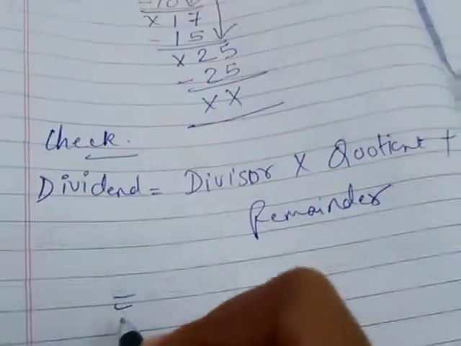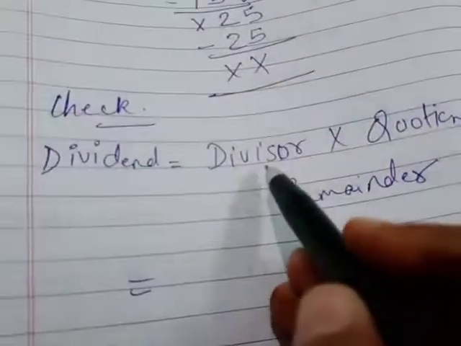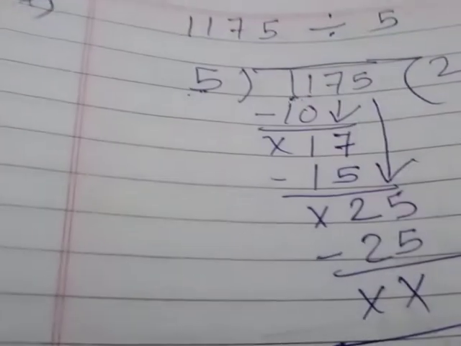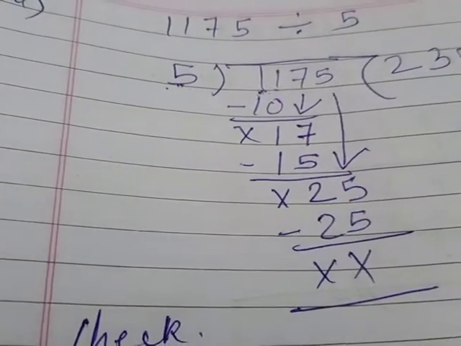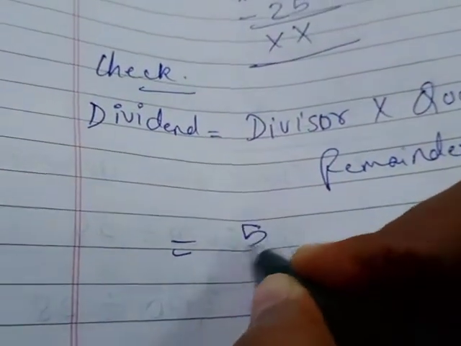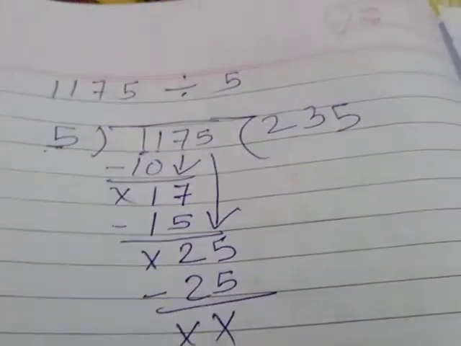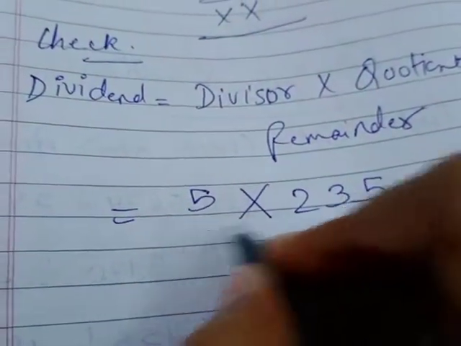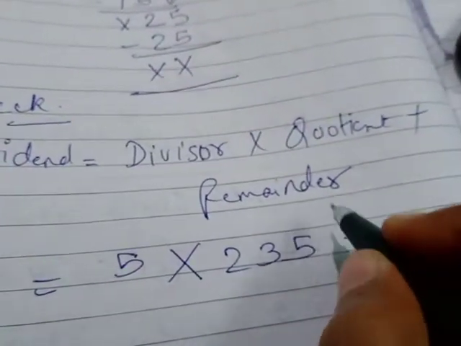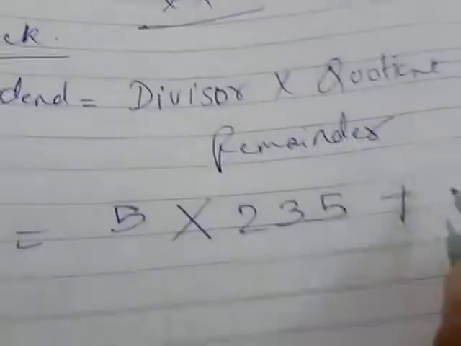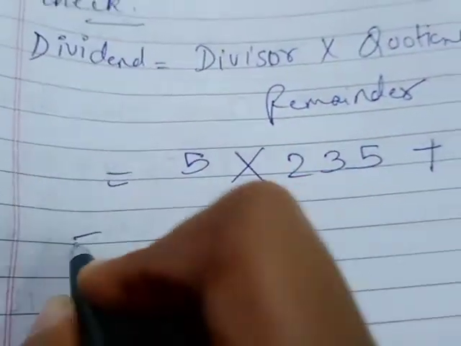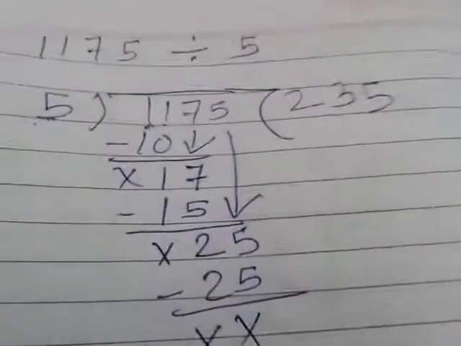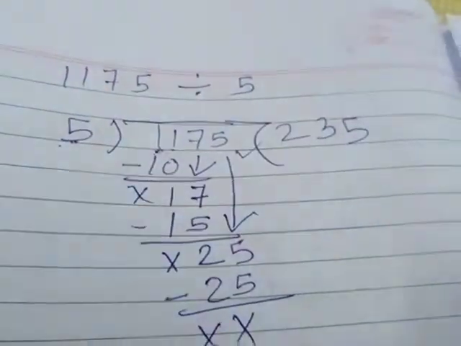If we multiply the divisor, that is 5, with the quotient, that is 235, and in this multiplication we add the remainder, that is 0, we will get the dividend, that is 1175.